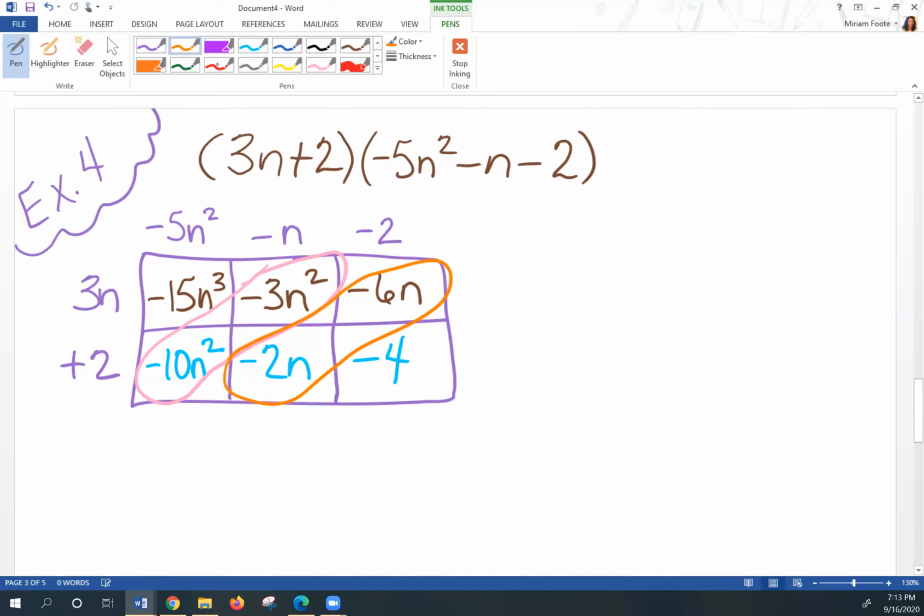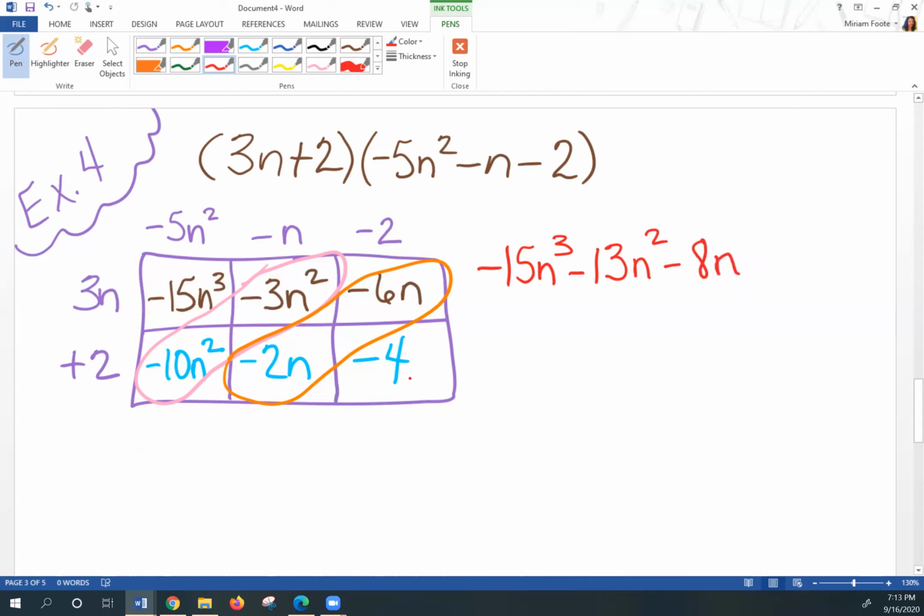And when I write my final answer, I want to start with the first box, negative 15n cubed. And I want to combine my n squared. It's negative 3 plus negative 10, which is negative 13. Bring down that variable and exponent. Negative 6n plus negative 2n is negative 8n.